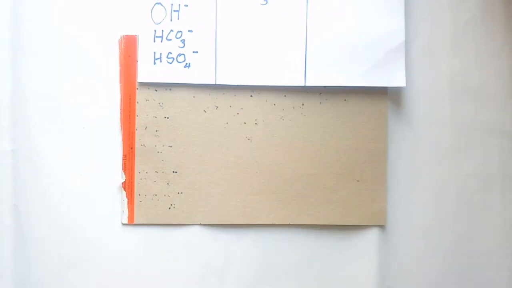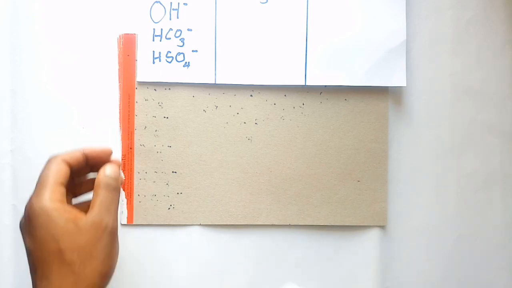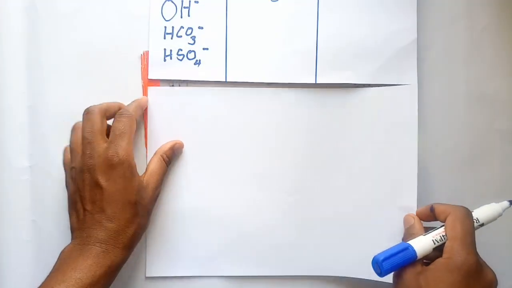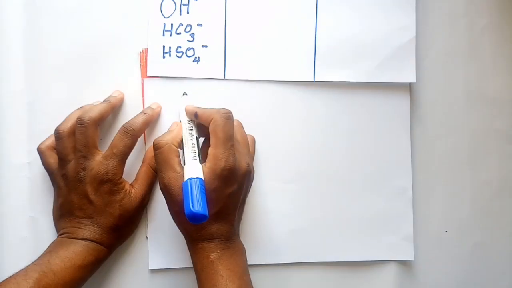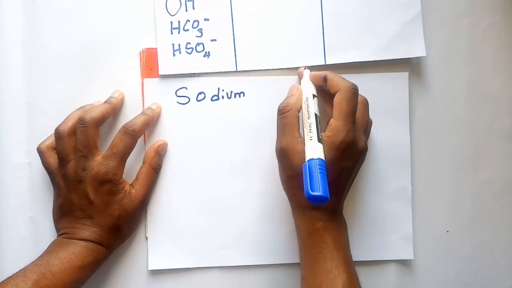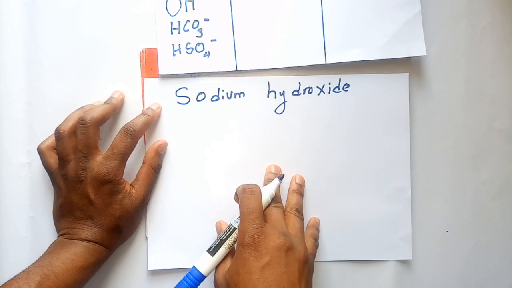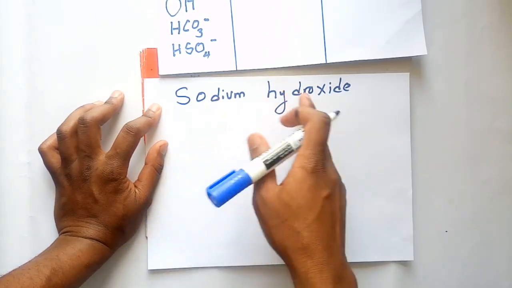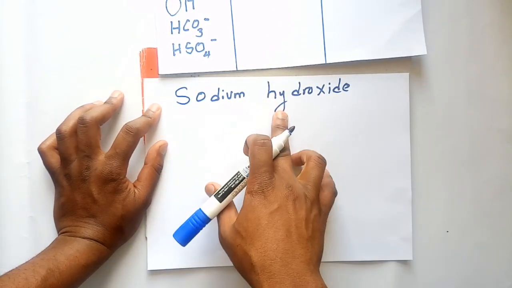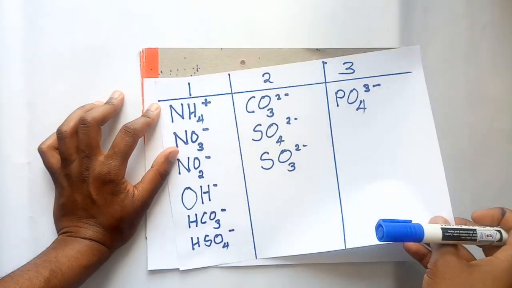So how then do we write chemical formulas with this information? I'll start with a simple one: sodium hydroxide. From the name, you can be able to tell the two ions that are combining to form the compound.